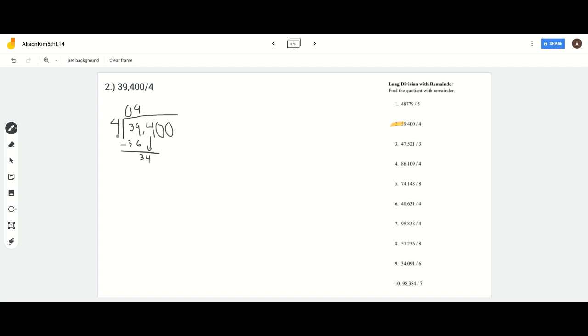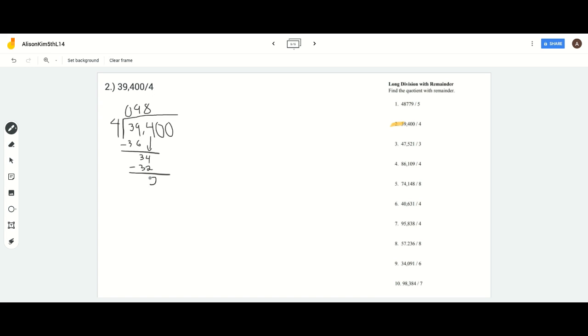Once again, we said that 4 times 9 is 36. Let's go one lower. 4 times 8 is 32. So we're going to put 8 there and subtract 32.